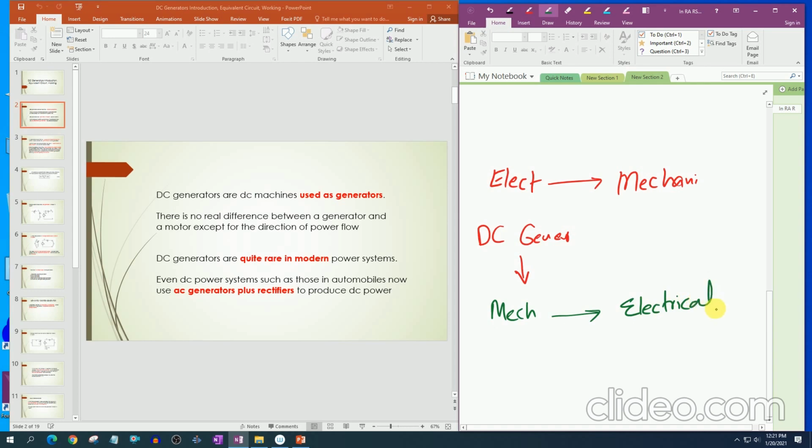In a DC generator, the rotor is rotated by an external prime mover, such as an engine or a steam turbine, and this mechanical energy is converted into electrical. But in a DC motor, external electrical power is supplied to the motor, and then the mechanical load is borne by the motor.